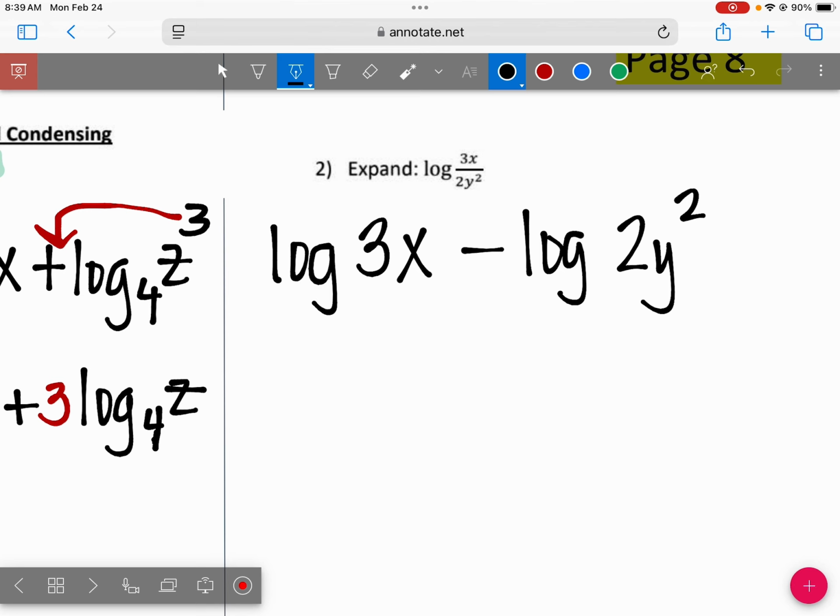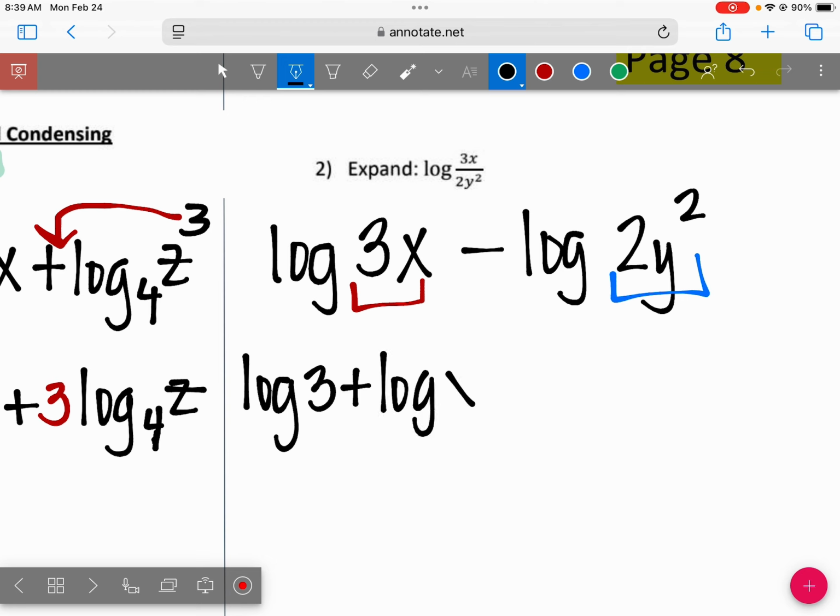How many logs do you think we're going to have in the end? Show me with your fingers. How many logs do you think we're going to have? 4. Yeah. Because we're going to break this apart to 2, and then this gets broken apart to 2. So those are being multiplied, so we're going to break them apart with addition. So I'll have a log base 3 plus a log base x.